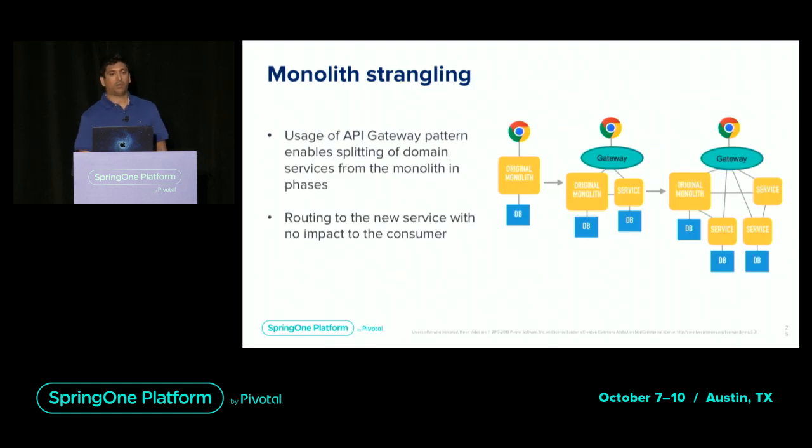So the other key factor is monolith strangling, right? Now, in our case, and I think in most organizations, they would have started with the monolith, and then at some point in time, they want to build into smaller micro-domain data services or microservices. Because of implementing this gateway, the gateway takes care of routing, and it knows whether to route to the monolith or, when you break down into smaller microservices, it will start routing to the microservices.